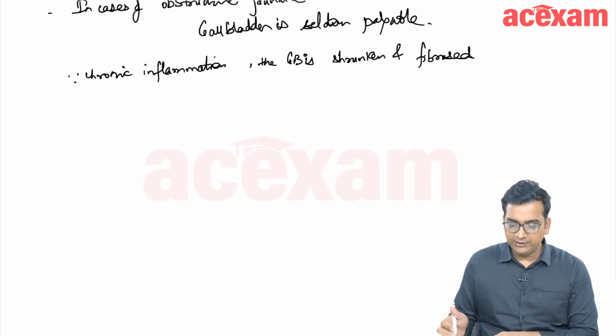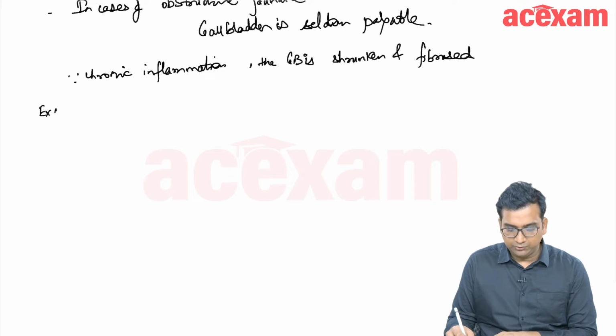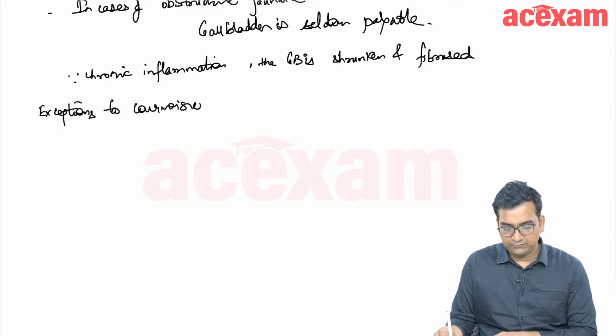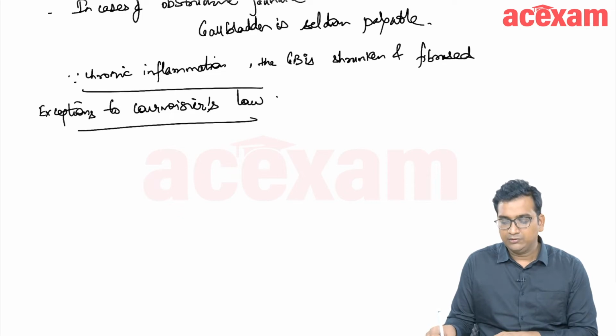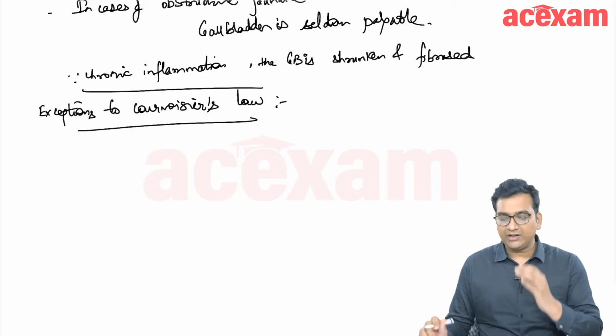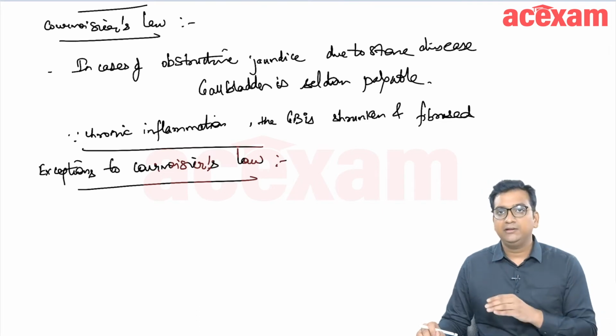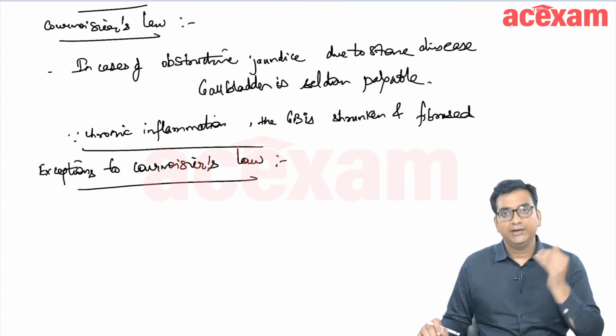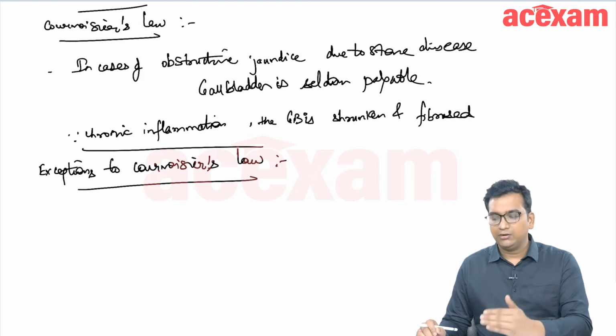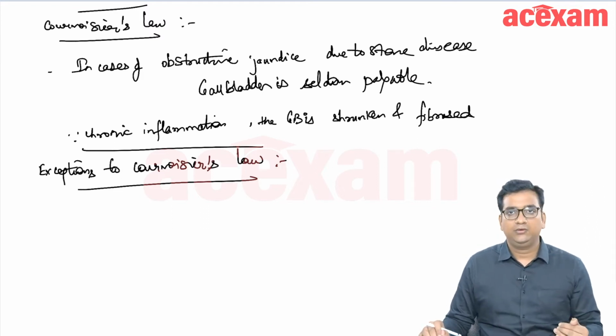Now the next point is what all are the exceptions to Courvoisier's law. So the exceptions will be cases in which there is presence of obstructive jaundice due to stone disease, but the gallbladder is palpable. Okay.